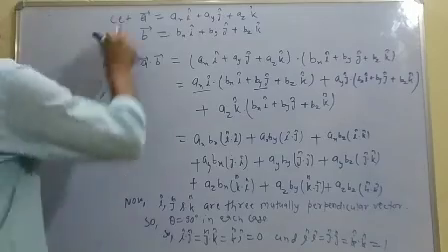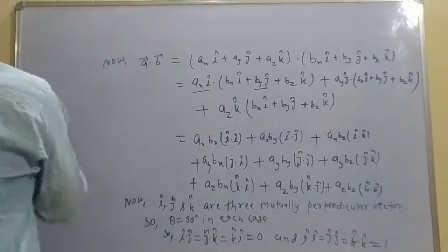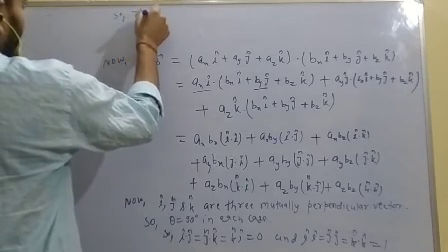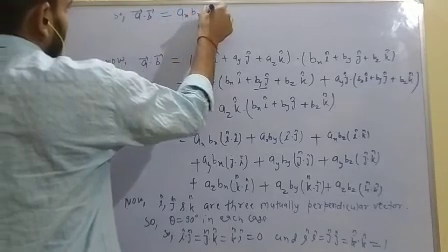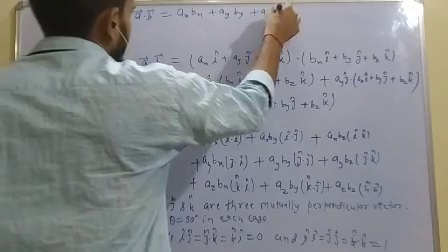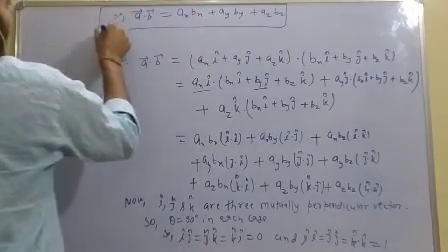So vector A dot vector B equal to ax bx plus ay by plus az bz. This is a generalized result, a very important result.